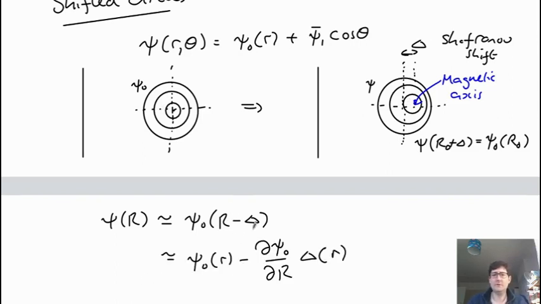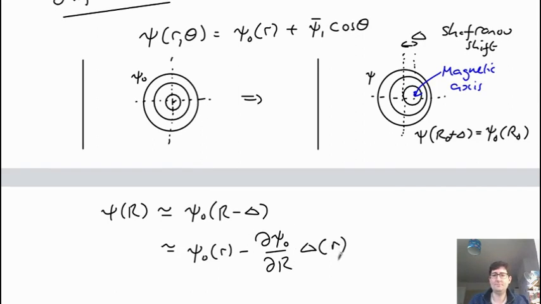So by again doing a Taylor expansion, we have some variation in psi. We're shifting it by distance delta in r, and so we have an original cylindrical equilibrium psi naught. We shift it a distance in r, and so this is the first order correction in the Taylor expansion.